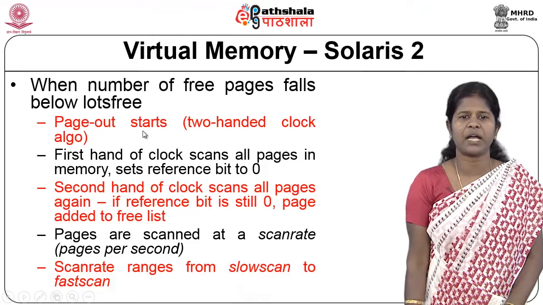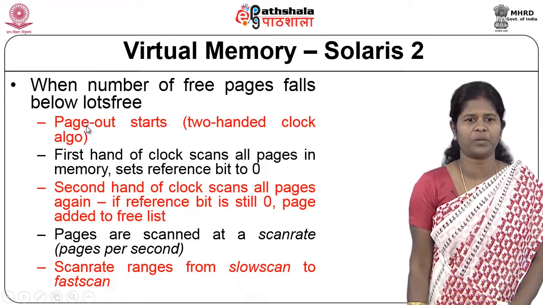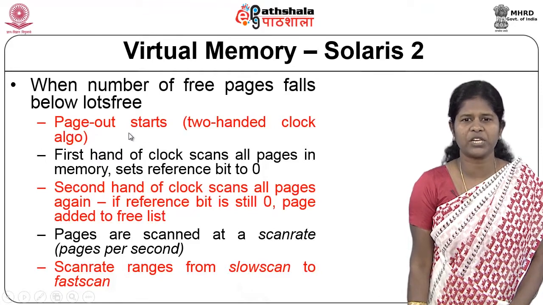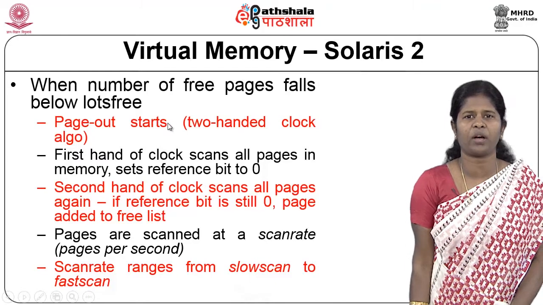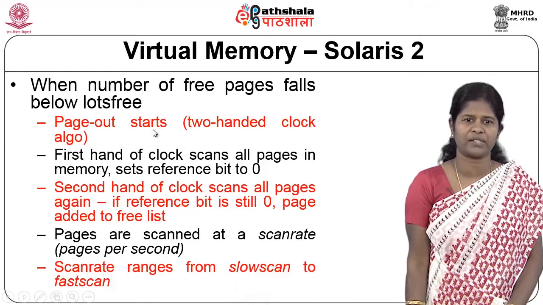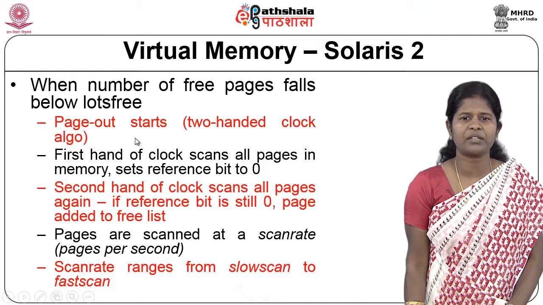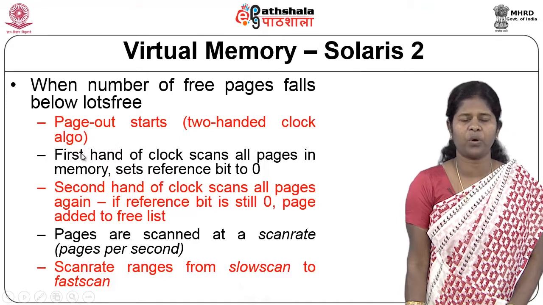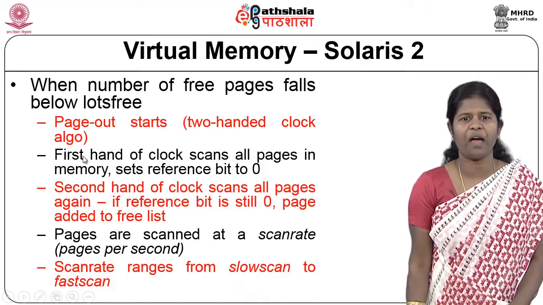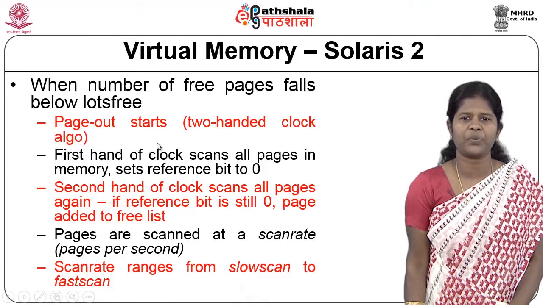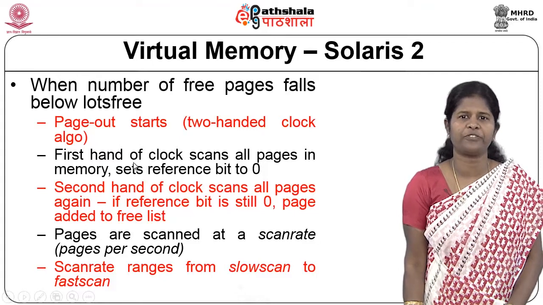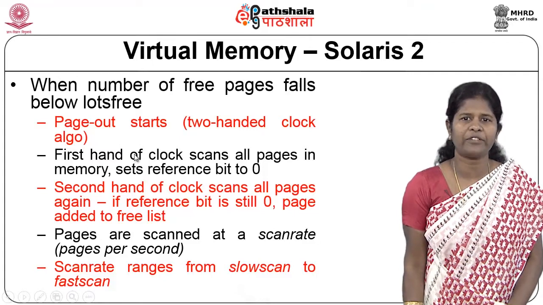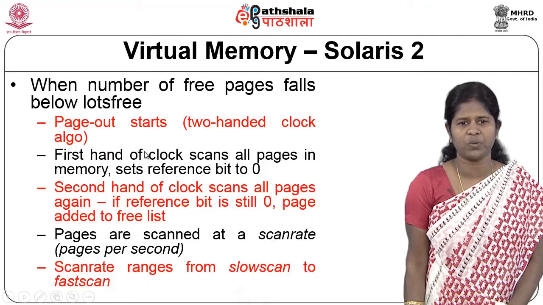it starts a procedure called the page out procedure, and this procedure is very similar to the algorithm that you had seen earlier, called the two-handed clock algorithm. It is similar to the clock algorithm you had seen earlier. In this two-handed clock, the first hand scans all the pages in memory and sets the reference bit of all the pages to 0.